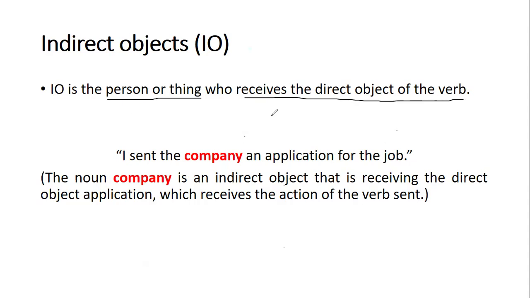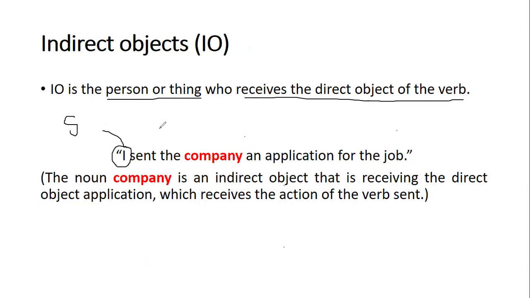Let us try to understand with a very simple example. I sent the company an application for the job. See, I'm stressing on the word I. I sent the company an application for the job. So here the whole sentence is revolving around I. So I is our subject.